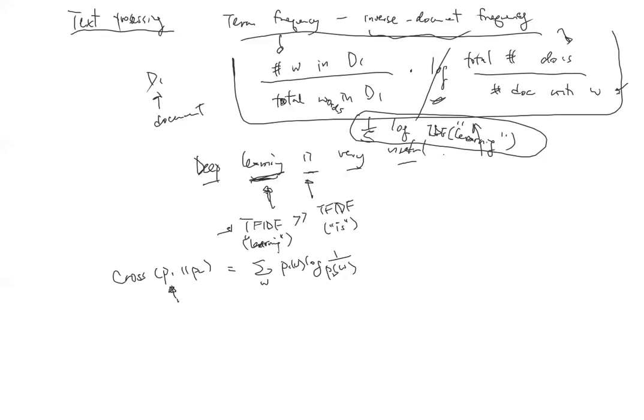Does it make sense? For example, for this document, let's say this is document one, P1 will be a distribution.